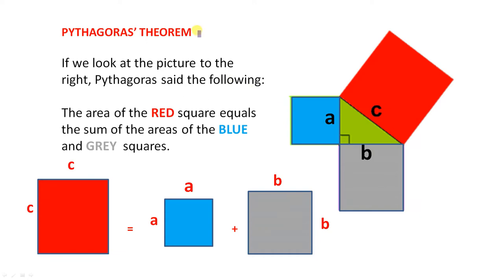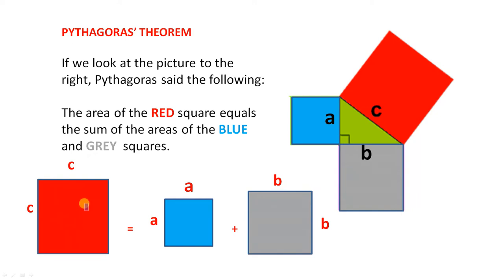This is the actual theorem, Pythagoras' theorem. If we look at the picture to the right, Pythagoras said the following. Here we have the right angle triangle, and we've made a square from the hypotenuse. We've also made a square from each of the other two sides. So this is Pythagoras' theorem in words. The area of the red square equals the sum of the areas of the blue and grey squares.